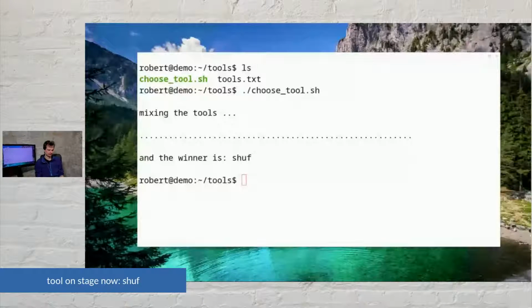Now, to end the input for the shuf command, I do this by hitting Control D, not Control C. Control C would terminate the shuf command, but Control D sends an end of file, and now shuf knows that input is ready, and then shuf will print out the randomized lines it read in.